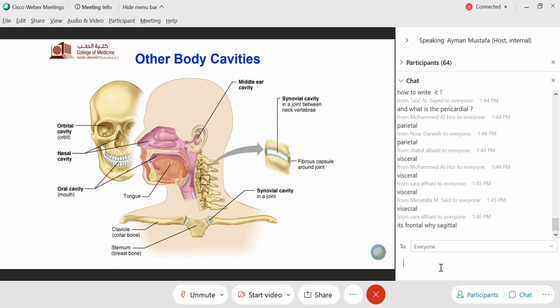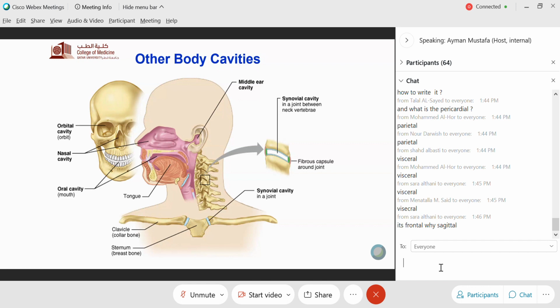Okay, now one of you asked a question: why is it sagittal? Look, this person is facing to the side, not front. So how did we cut it? Did we cut it into right and left or anterior and posterior?